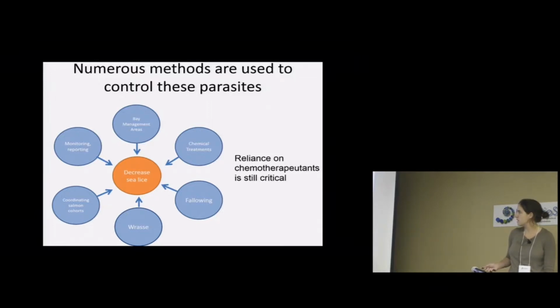We also use cleaner fish, or wrasse, that can eat the sea lice off of the salmon hosts. So we've got a number of different approaches for controlling sea lice, but we're very heavily reliant on chemotherapeutants.